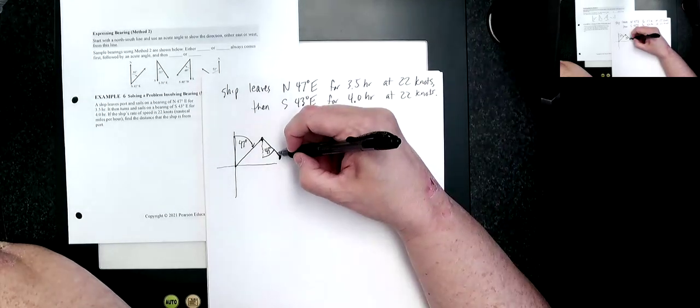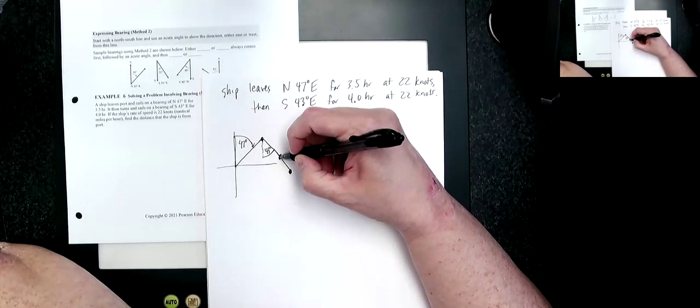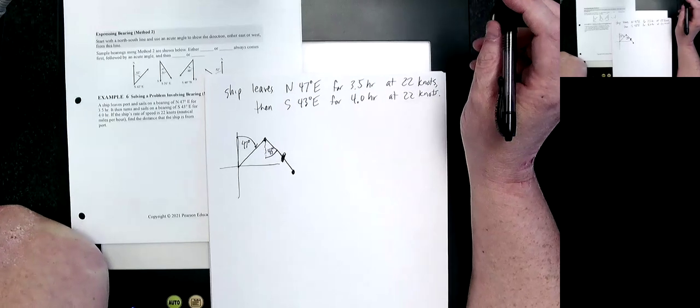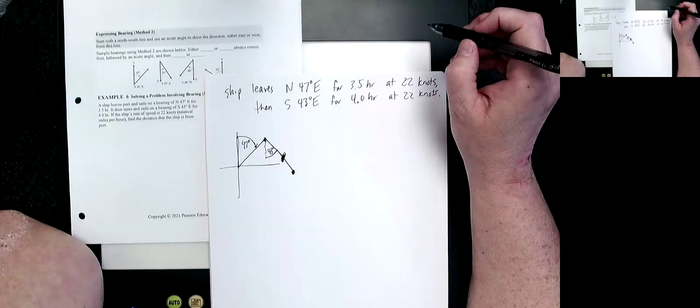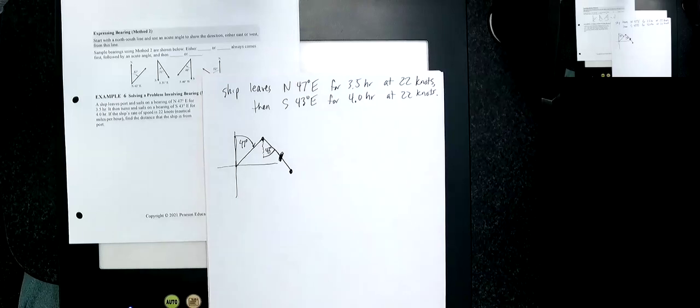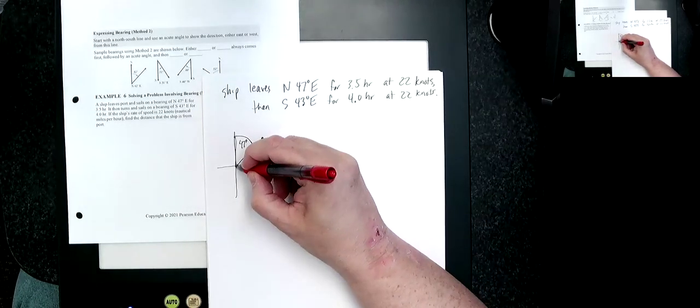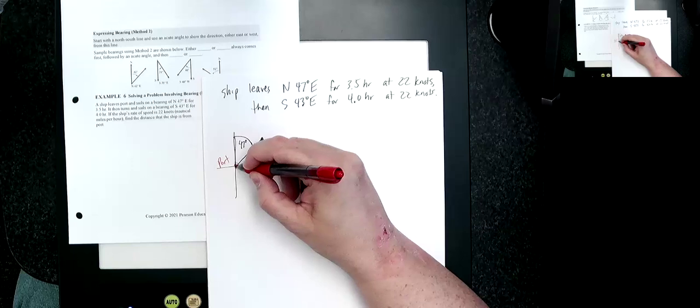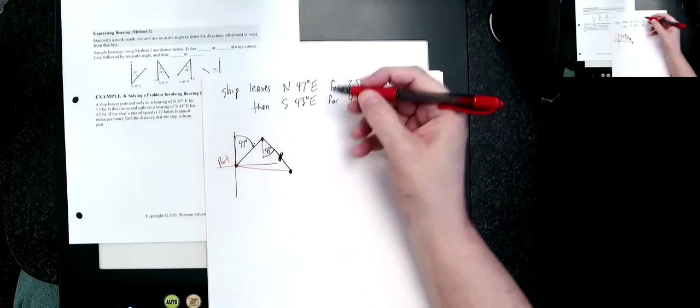It goes for longer, so it's probably going to go further than the first part did. And we want to find the distance that the ship is from port. This was port, so we're looking at this right there.